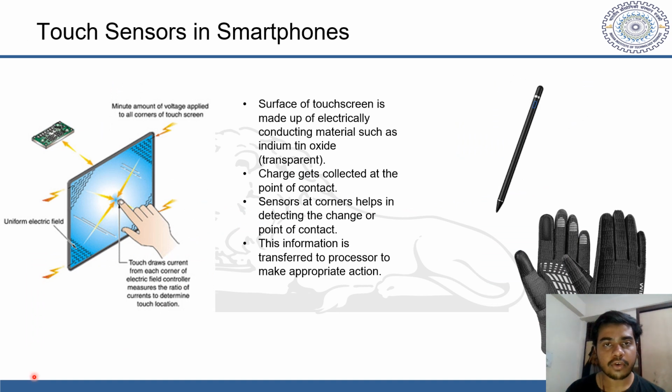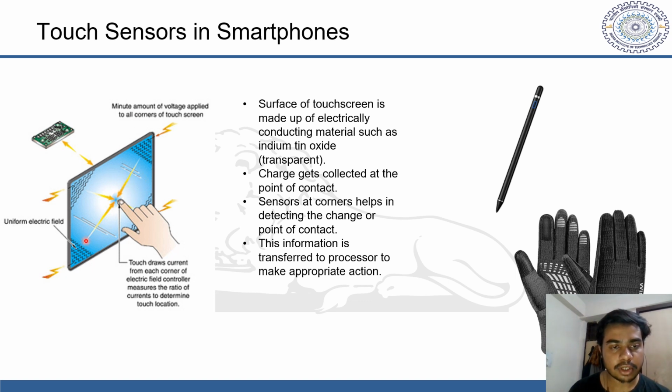And now I will discuss how touch sensors are used in smartphones. The surface of the touch screen of a smartphone is made up of an electrically conducting material, such as indium tin oxide. Indium tin oxide is used because it is transparent in nature, and so when we touch this touch screen, at the point of contact, a certain amount of charge gets collected.